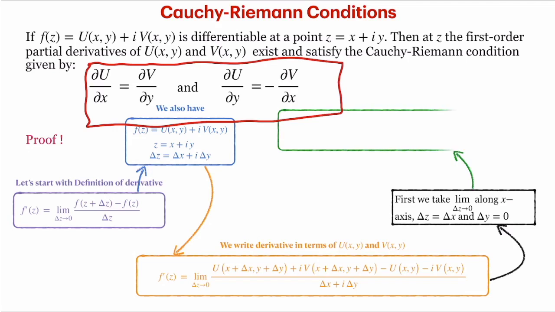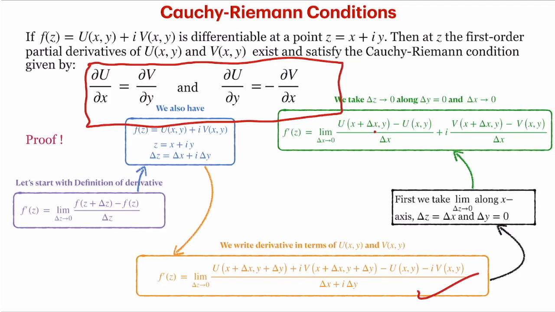So we substitute again back into the definition given here, and then f prime z is equal to u of x plus delta x, y minus u of x, y divided by delta x, plus i times v of x plus delta x, y minus v of x, y divided by delta x. We have substituted in this equation and separated the real and imaginary parts.